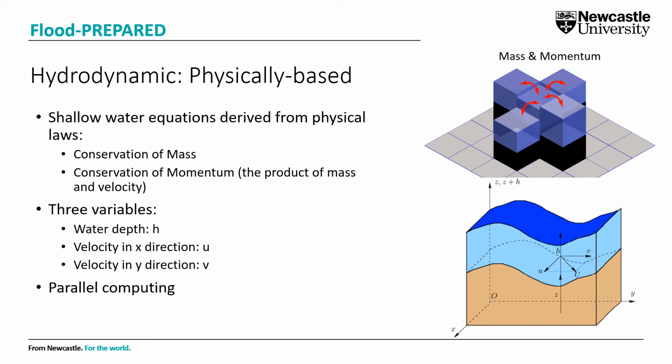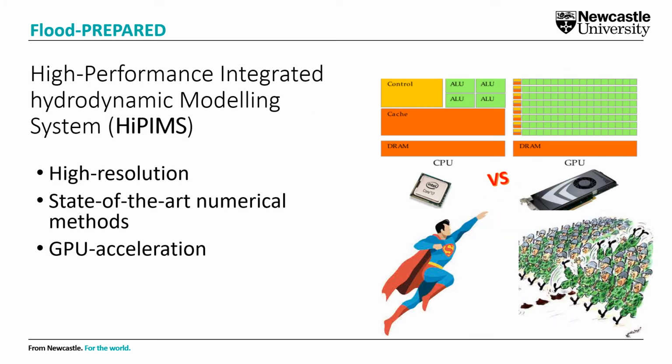However, to solve the equations needs a lot of computing, and that is why hydrodynamic model is usually applied in small scale, such as a flume in labs, a pond, or a segment of river. HiPIMS is developed to address this challenge and make hydrodynamic modeling more feasible in broader scales.